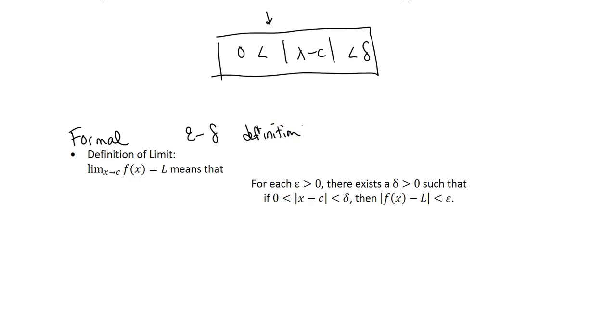The definition of a limit, the limit as x approaches c of f of x equals L, means that for each epsilon greater than 0, there exists a delta greater than 0 such that if the absolute value of x minus c is between 0 and delta, then the absolute value of f of x minus L is less than epsilon. So this is the portion of it that says x approaches c from either side, and this is the portion of it that says f of x is arbitrarily close to L.